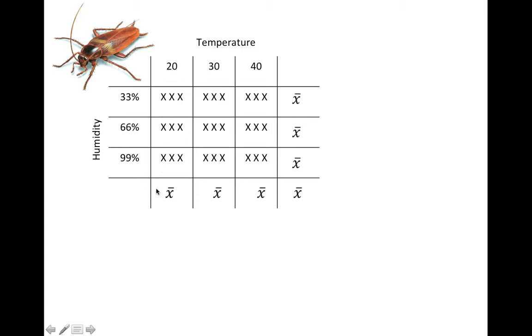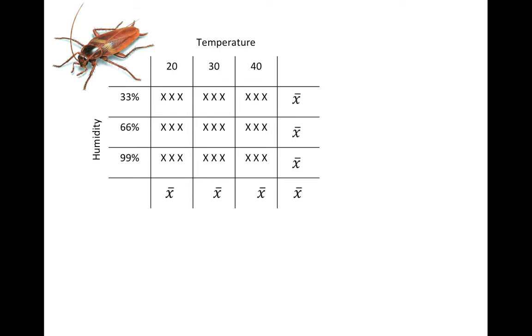And we have the average for each temperature, the average for each humidity, and also a total average. The question is, does the growth differ between different temperatures? And does the growth differ between different humidities? And also, does the temperature affect the growth in the same way in all humidities?